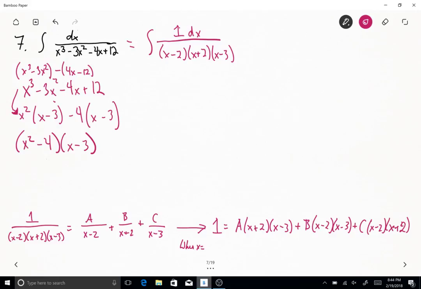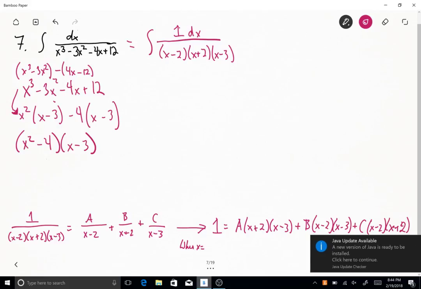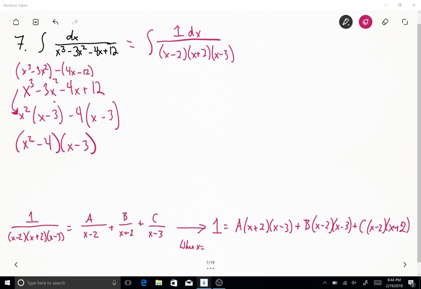And then we were doing our partial fraction decomposition. This is all just algebra at this point. We're plugging in values of x where the factors would equal 0. So when x equals negative 2, what do we get?